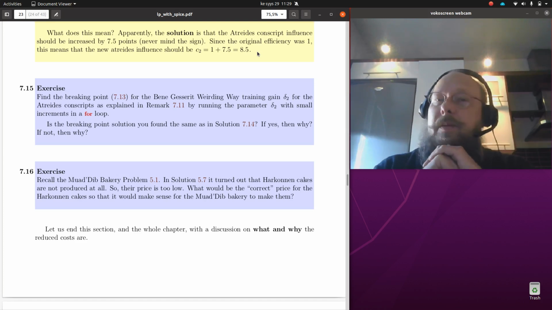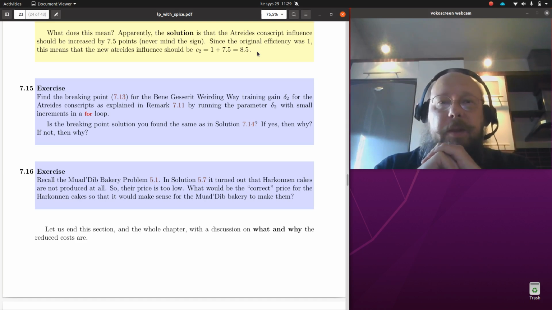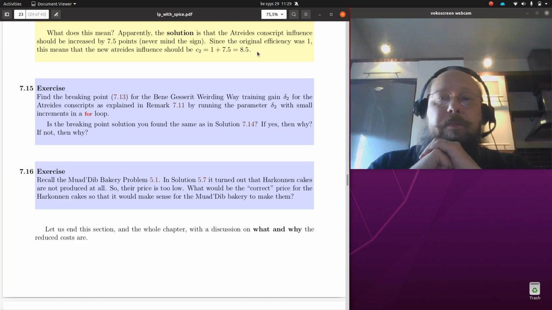If yes, why? And if not, why? So there could be some difference there. And then what is the reason for this difference? Which one is wrong? Or are they both wrong? Or if they are the same, then apparently they should be the correct solution.